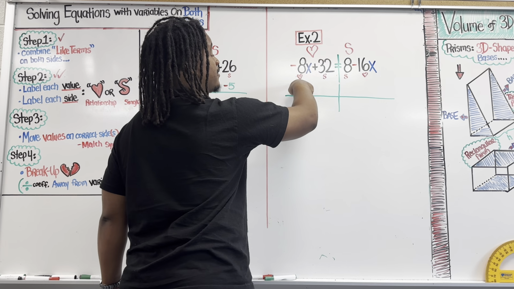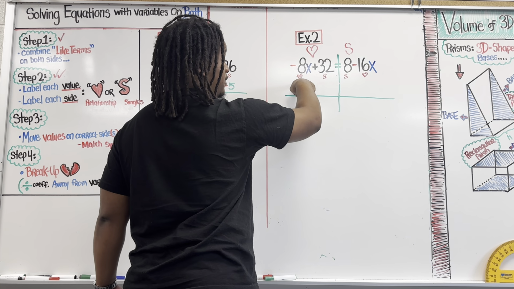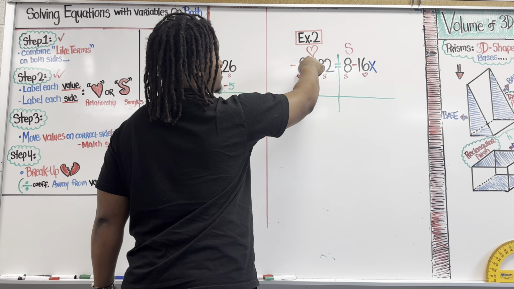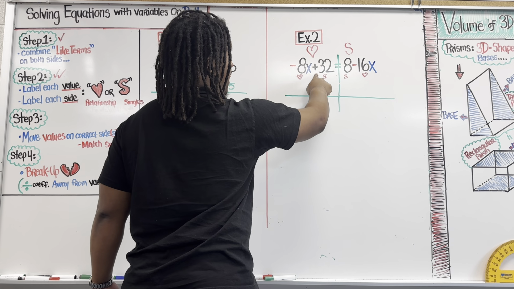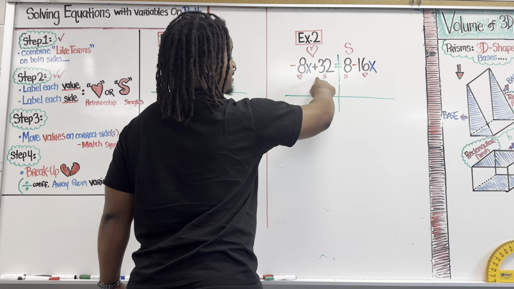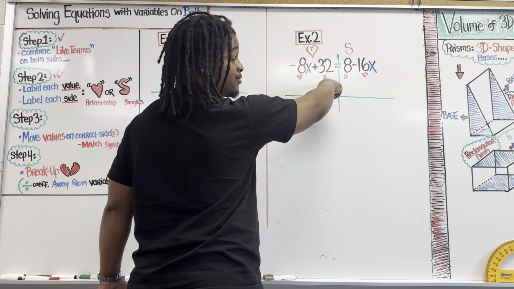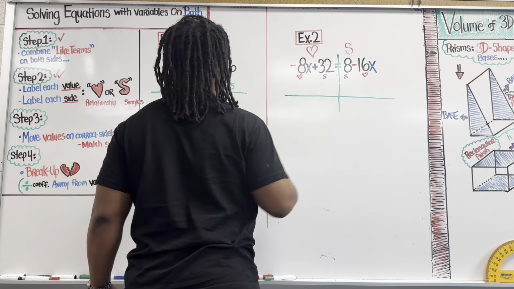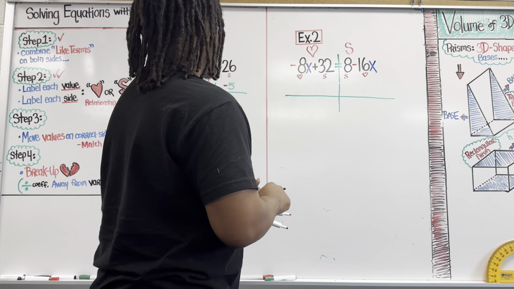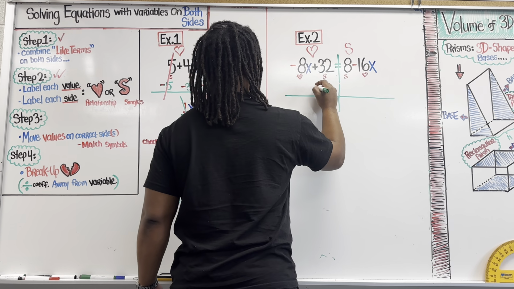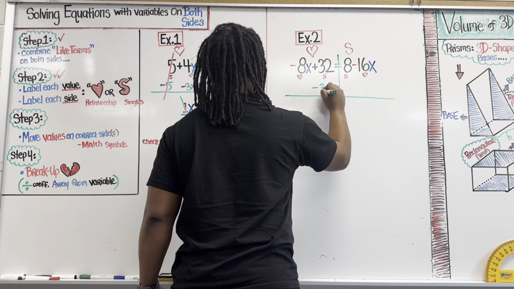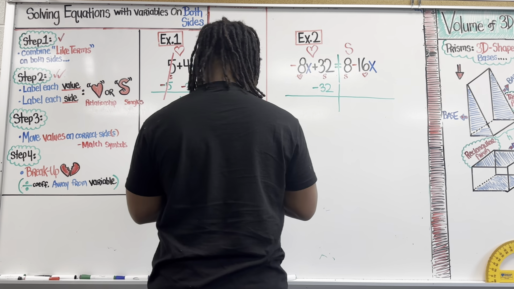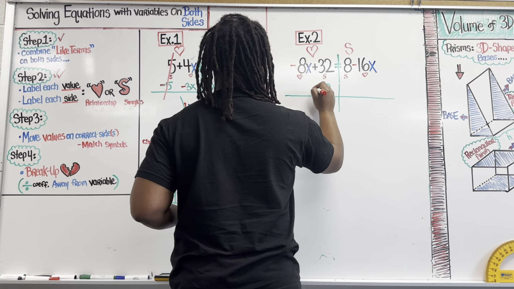They're in a relationship with one another, or operation with one another, and they're on the relationship side, so they stay. +32 is a single number. It's not attached to an x, so it's single. It's not in a relationship, and it needs to move to the opposite side. So the opposite of +32 is -32. So I'm going to subtract 32 on both sides.